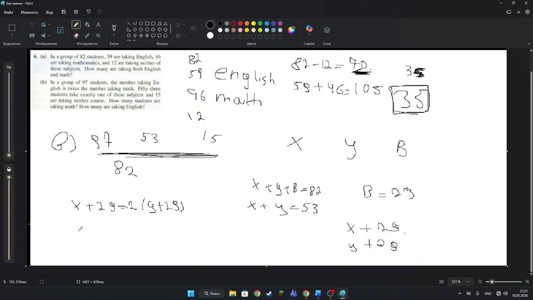From this we can get X minus 2Y equals 29. Then we can create a system: x plus y is 53, so x equals 53 minus y.